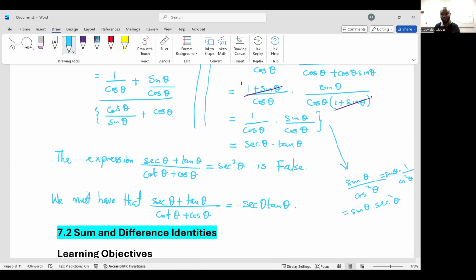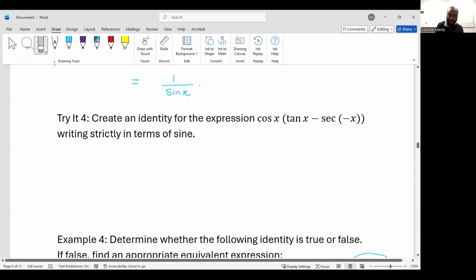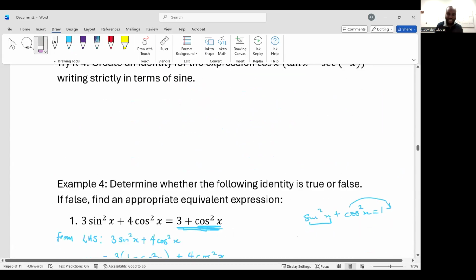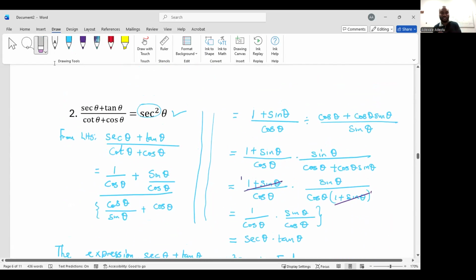So that is also a possibility. That is also true. So there is no unique answer here. Okay, so that is that about using the concept of identity. We have used it to verify, we have used it to create, and we now use it to answer if some identities are true or not.